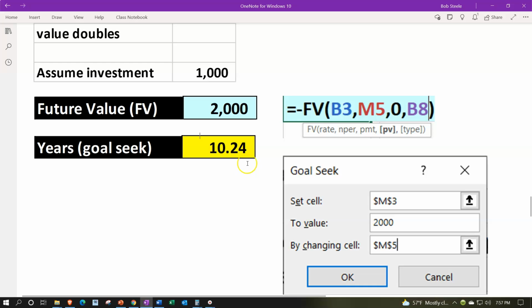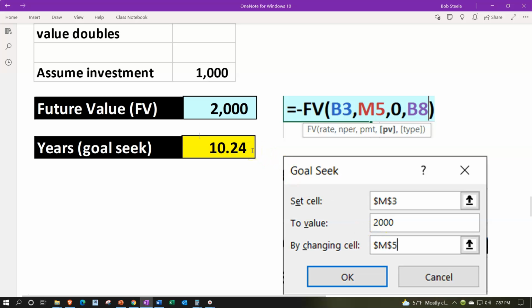down here at 10.24. If this answer was something other than 10.24, if we guessed it just to be 5 or something like that, then we could use goal seek and say, Excel, would you please set this cell right here to be what we need it to be, which is 2000, 1000 times 2, or double the investment, by changing this cell.